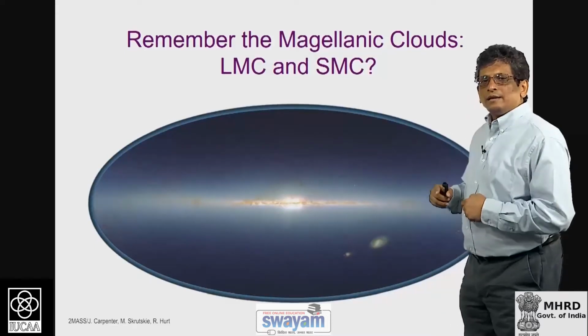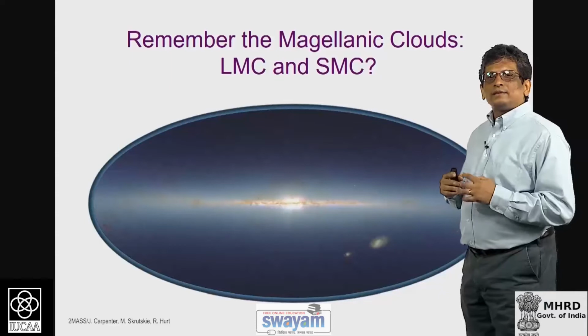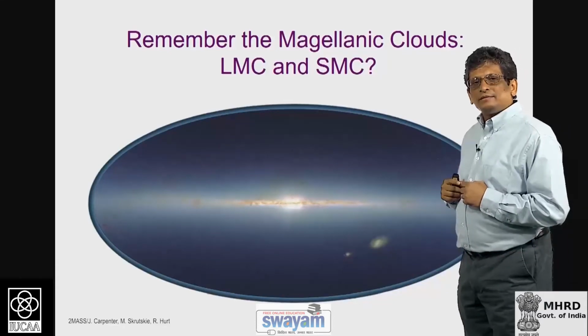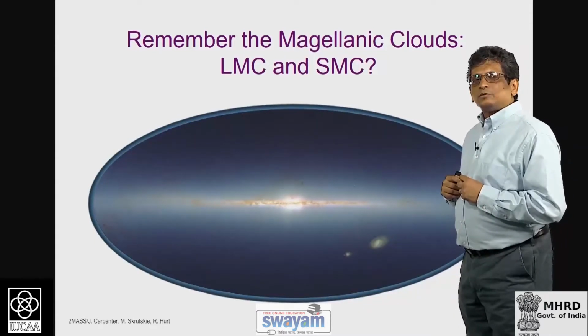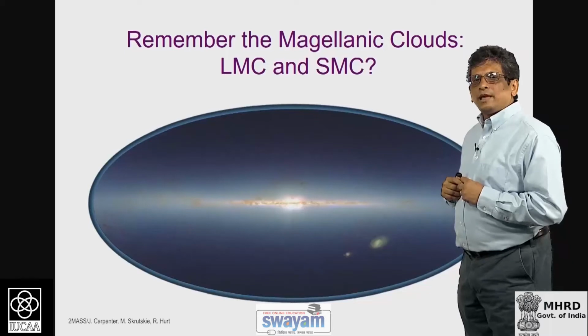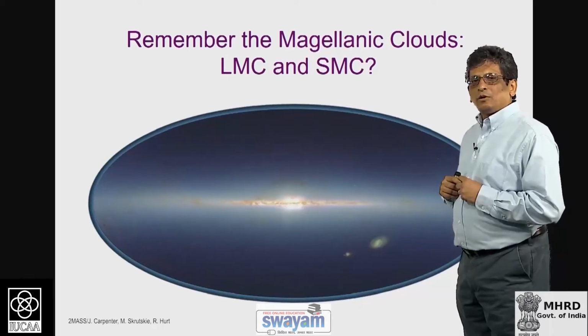Here is a picture of the Milky Way seen from inside, and this is a picture of the Milky Way seen in the infrared, and that is why we see the dust in the plane of the galaxy glowing.